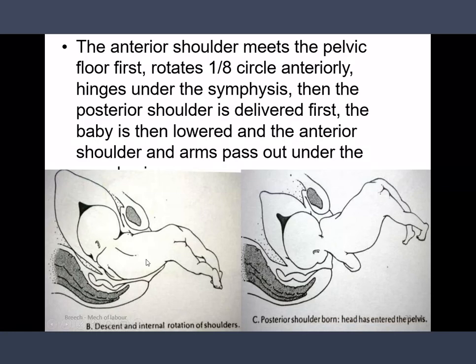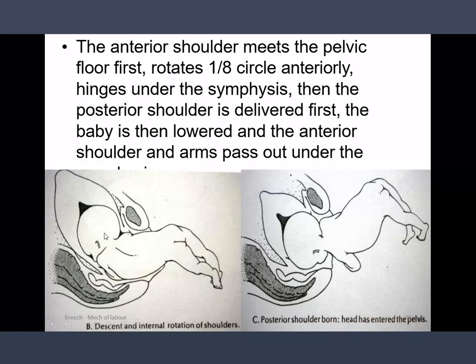When it touches the pelvic floor muscle, there will be rotation of the anterior shoulder by 1/8 of a circle. The anterior shoulder will come and hinge behind the pubic symphysis. The posterior shoulder is near the sacrum. With lateral flexion, the posterior shoulder will be delivered first, followed by the anterior shoulder.